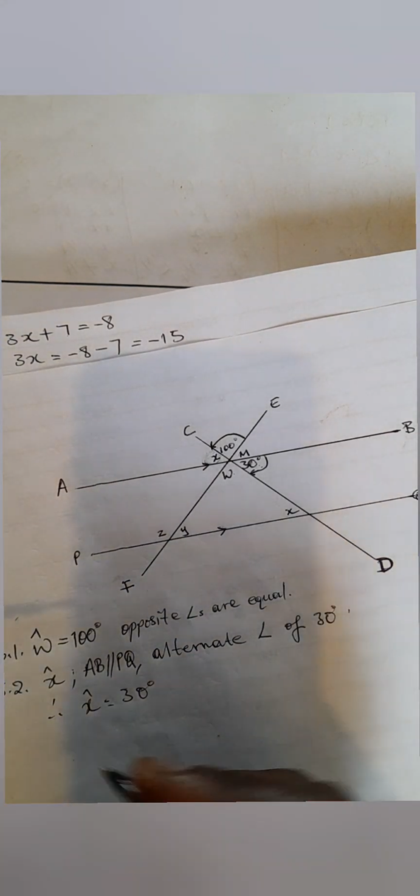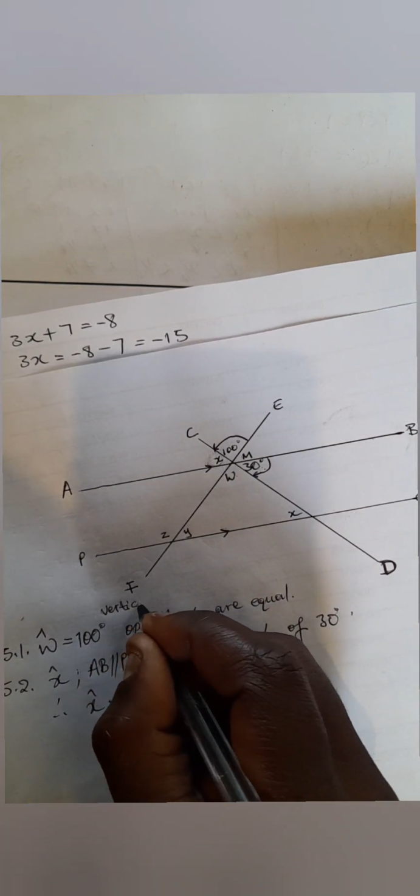Okay, that's for 2 marks. Here I should have said vertically opposite. Okay, let's move on.